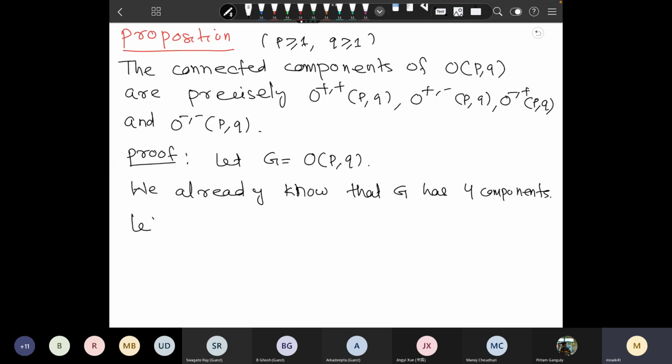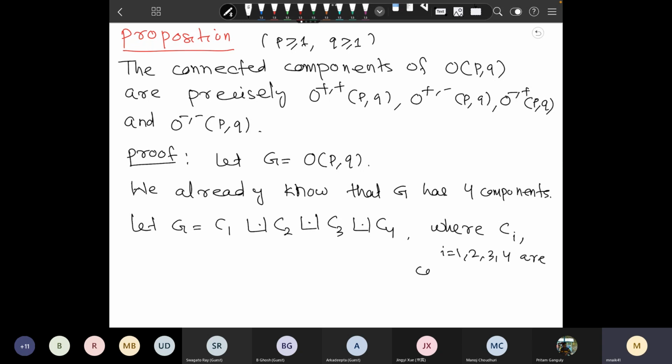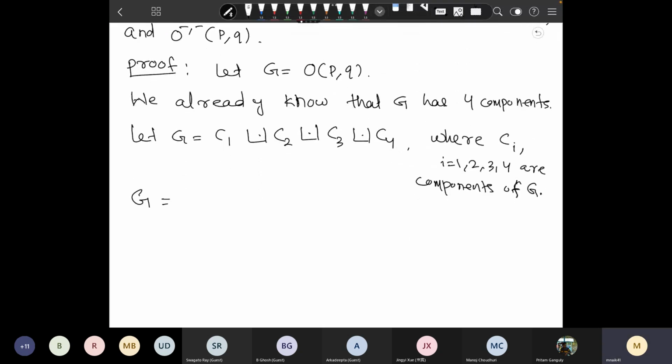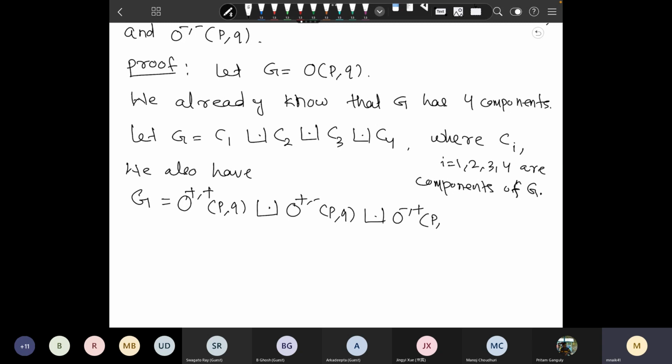Let G be equal to C1 disjoint union C2 disjoint union C3 disjoint union C4, where Ci, i equal to 1, 2, 3, 4, are components of G. We also know that G contains O plus plus P comma Q, and we also have O plus minus P comma Q, O minus plus P comma Q, and O minus minus P comma Q.